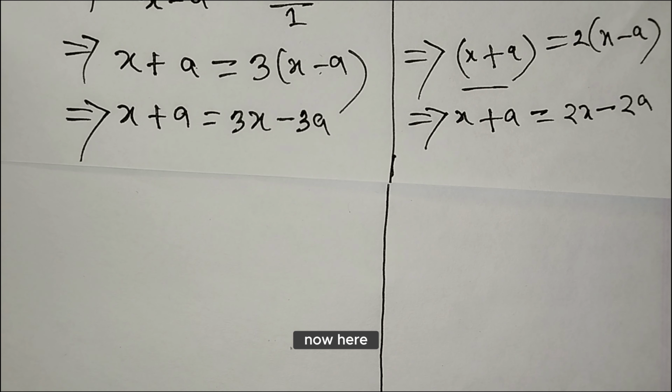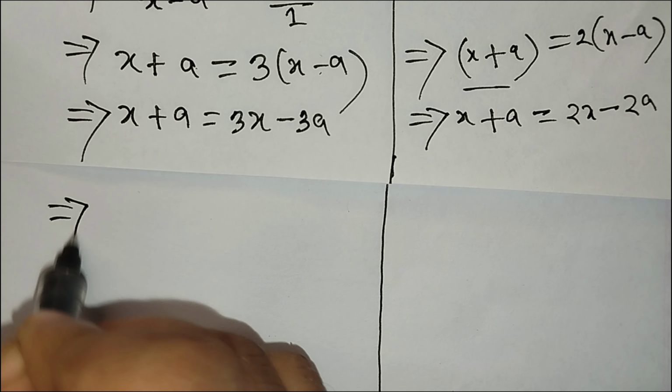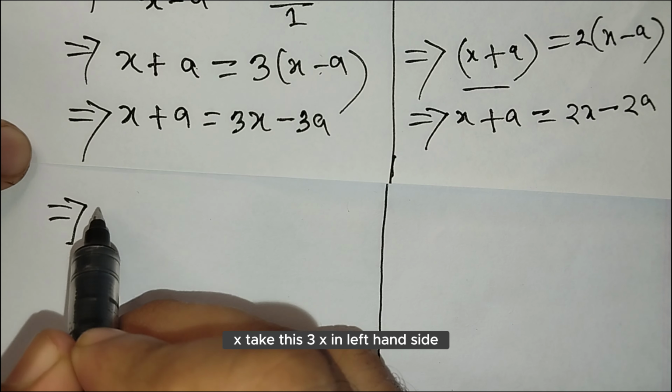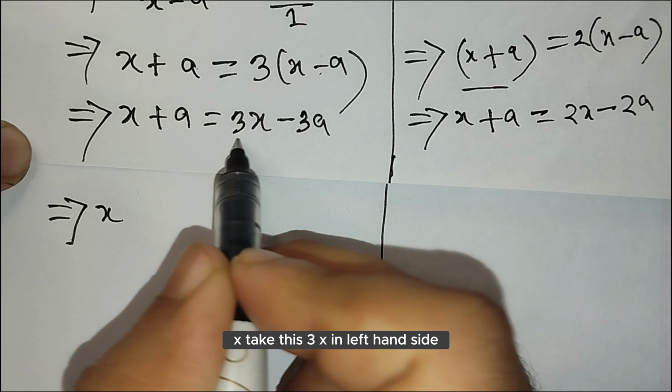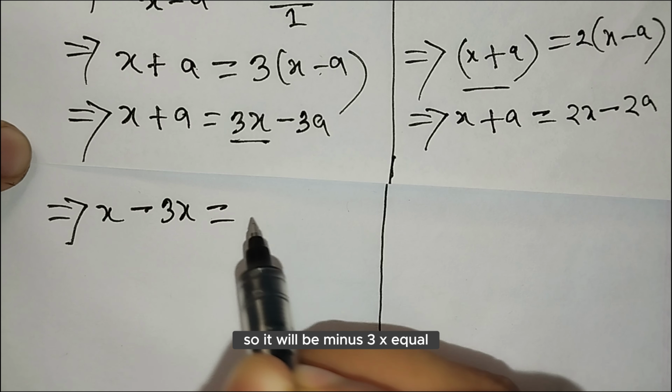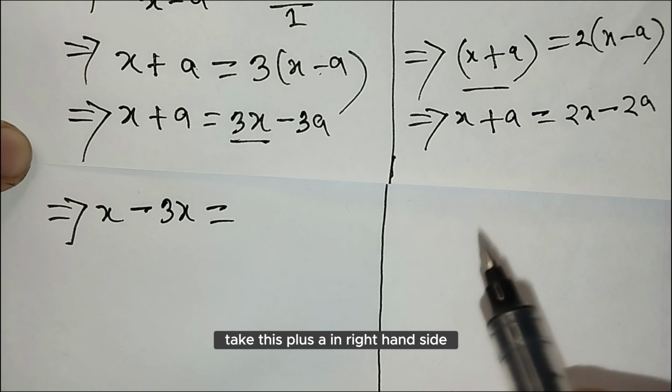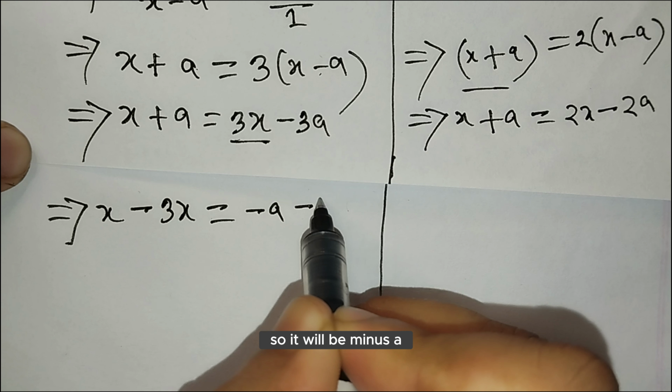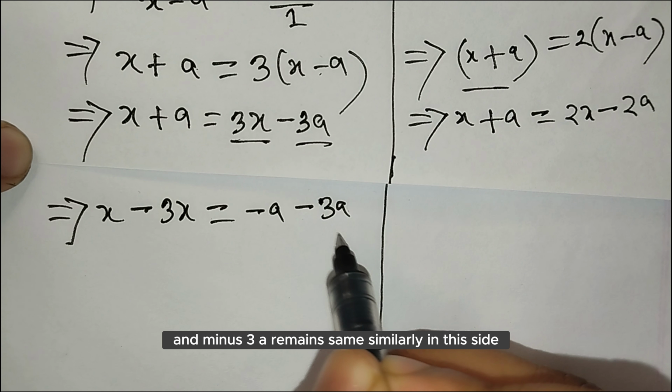Now here x, take this 3x in left hand side, so it will be minus 3x equal, take this plus a in right hand side, so it will be minus a, and minus 3a remains same.